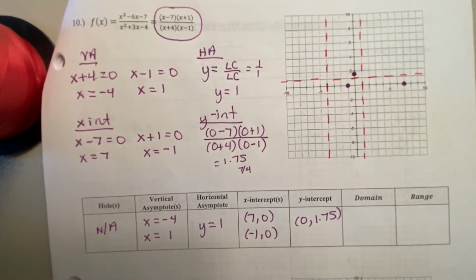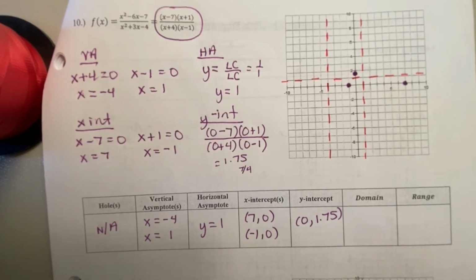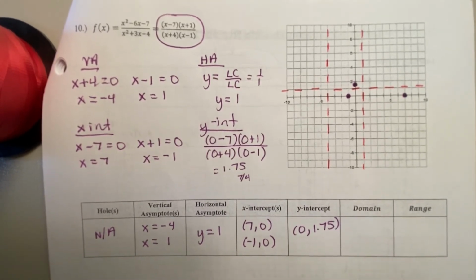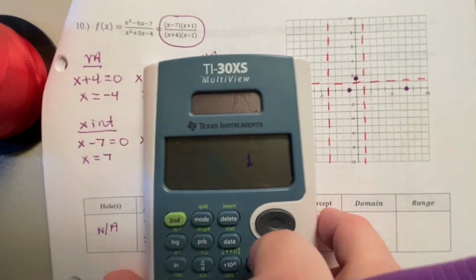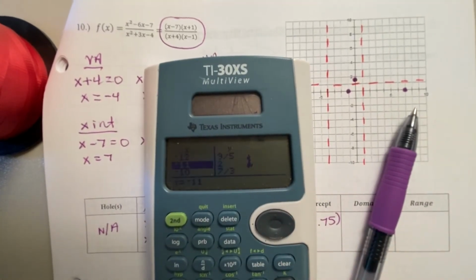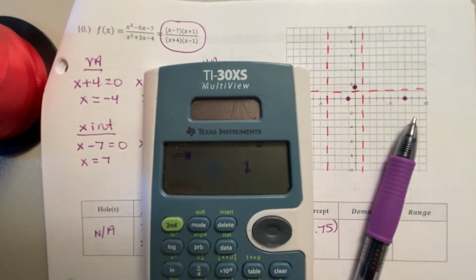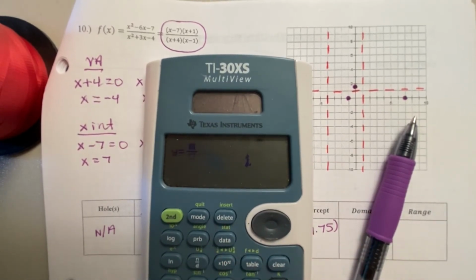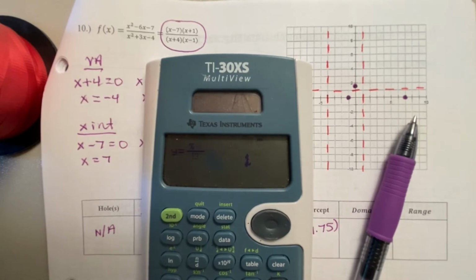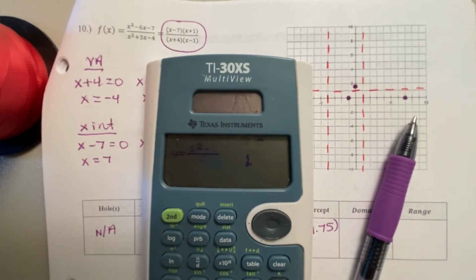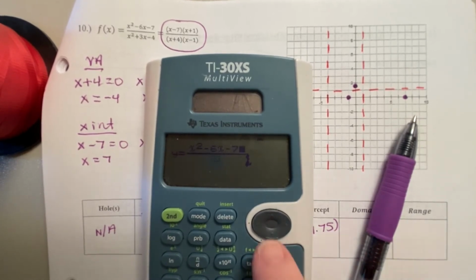Now, I still need some additional points because unfortunately this really isn't enough to see what's going on with my graph. So I'm going to go to my table and type n over d. It doesn't matter if I type the original or the factored, so I'm just going to type in the original.